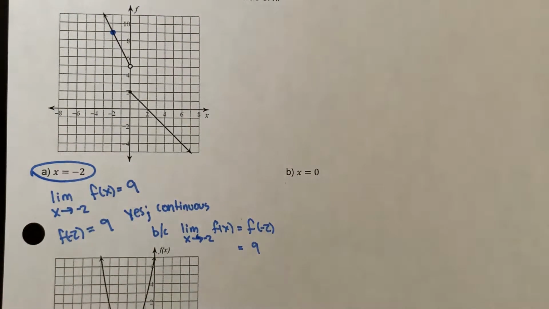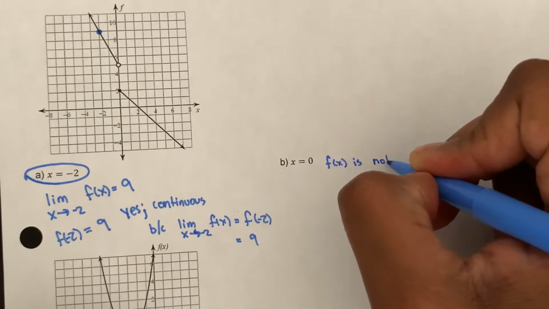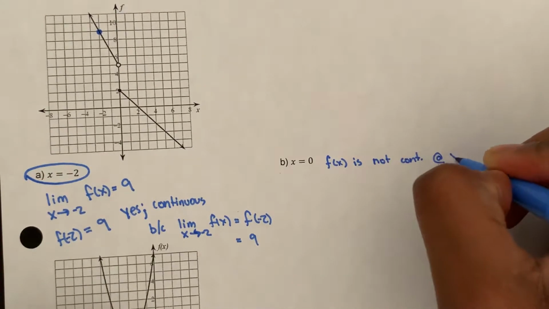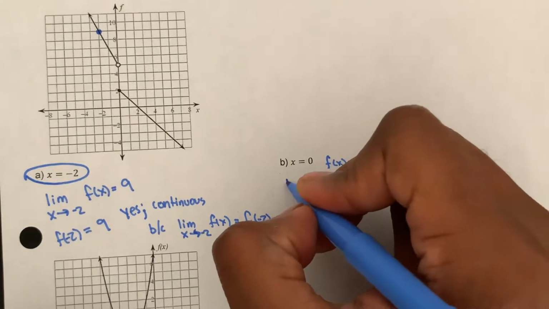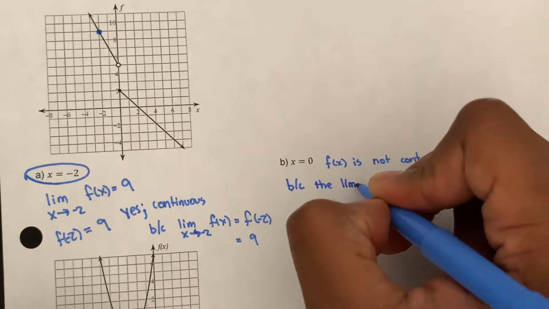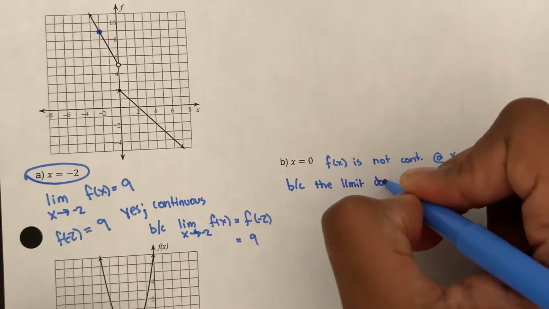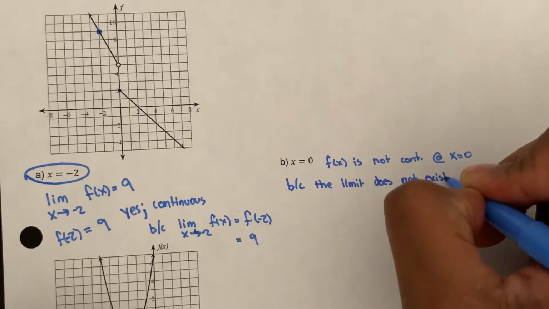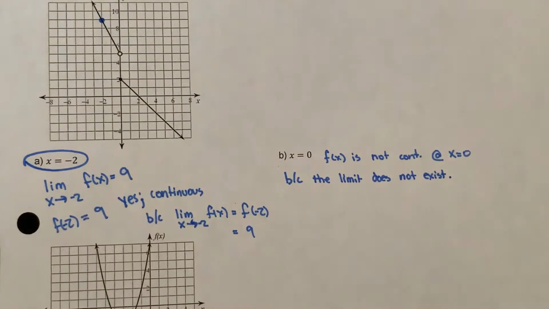So in the case of x equals 0, we would say f of x is not continuous at x equals 0 because the limit does not exist. That's why it's not continuous.